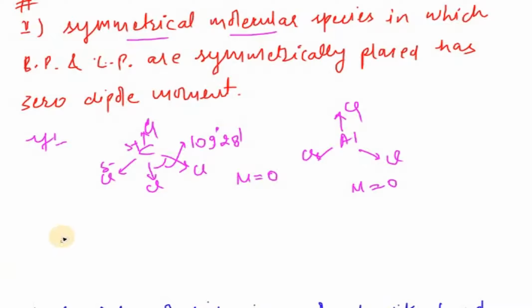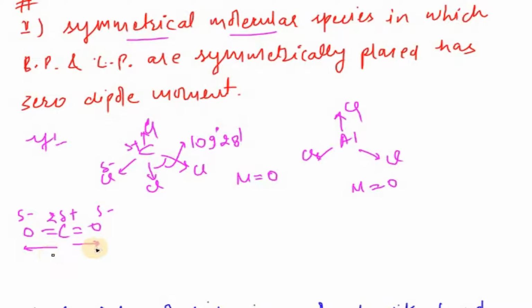If we're going to talk about the CO2 molecule, the vector goes from positive to negative, so here it will be delta positive and delta negative, delta negative. So that will be the bond, the direction of the vector.